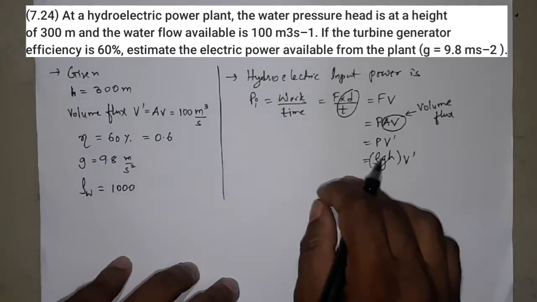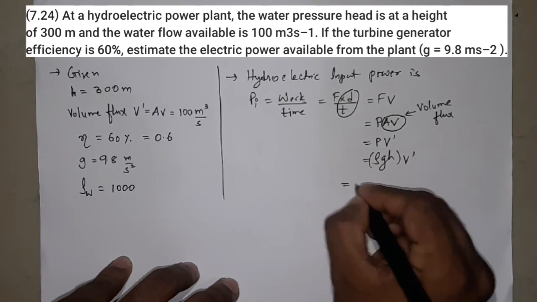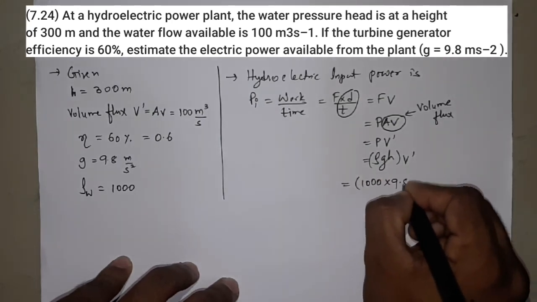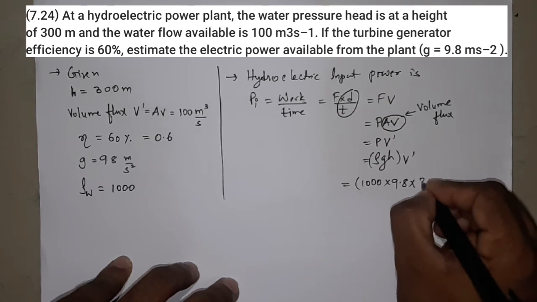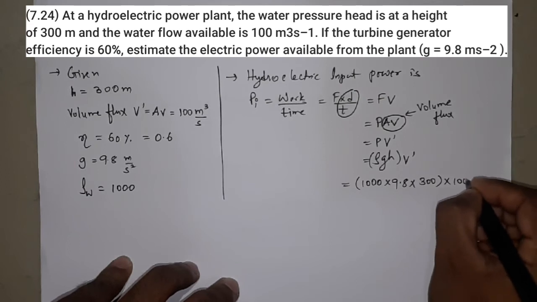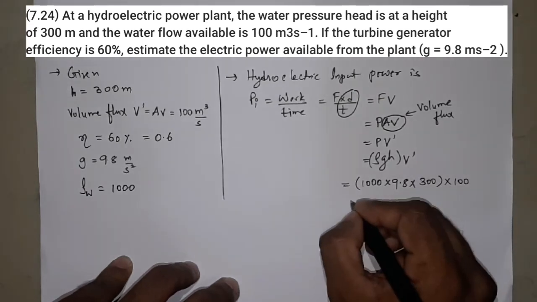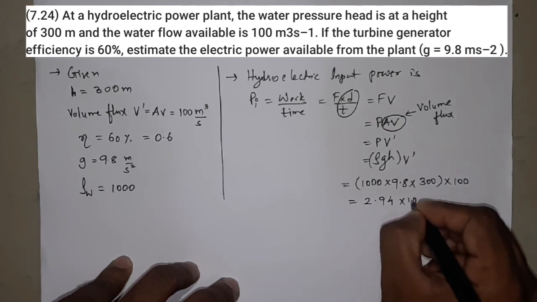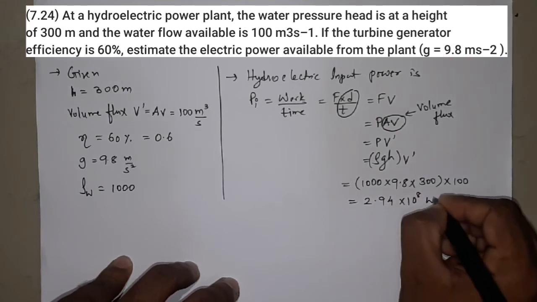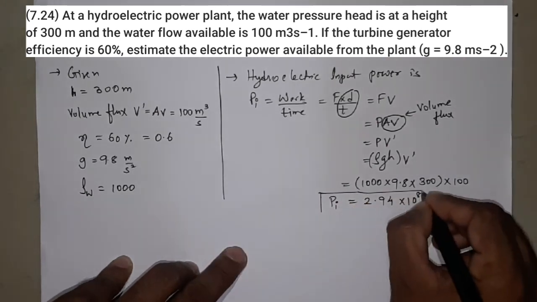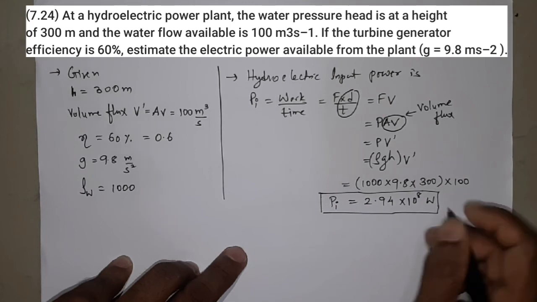Putting all values, we get 1000 into g value 9.8, h is 300 meter and volume flux is 100. By calculating, we find the answer as 2.94 into 10 raised to 8 watt. This is the input power, which is very important to calculate output power.